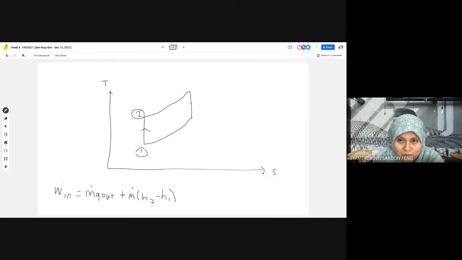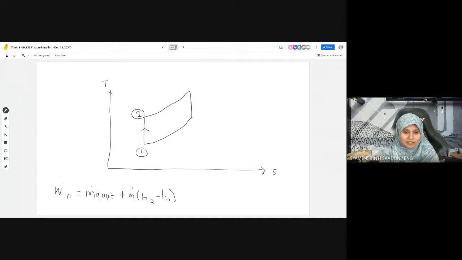Which table are we going to use for H1 and H2, to get the enthalpy? We can see the link there. Zainul, are you there? Yes, okay. Which table are we going to use to get H1 and H2 enthalpy? H1 first.